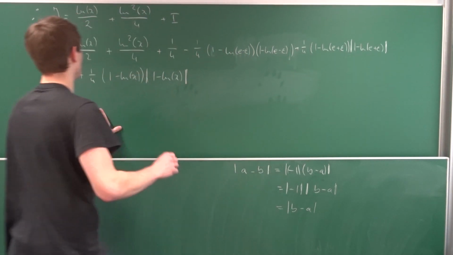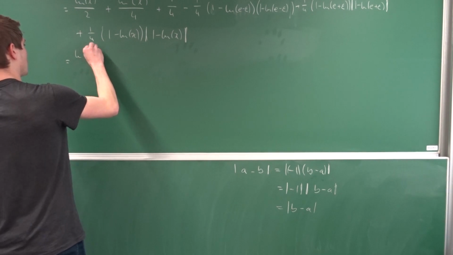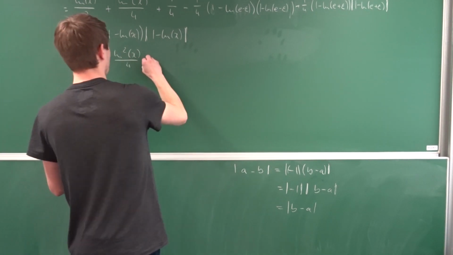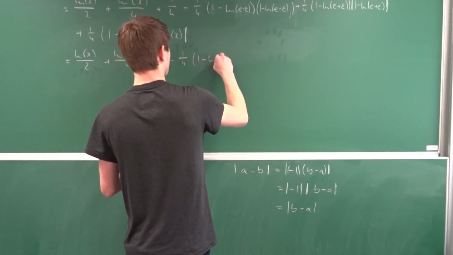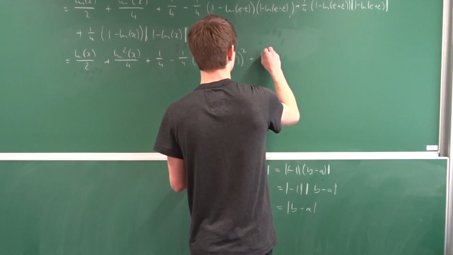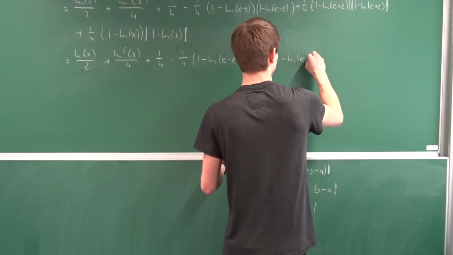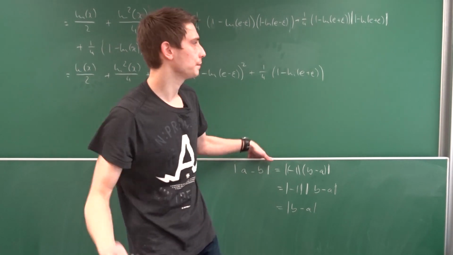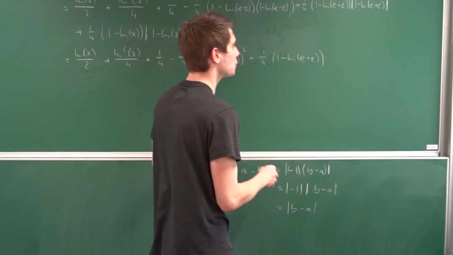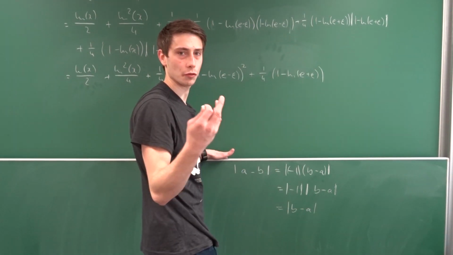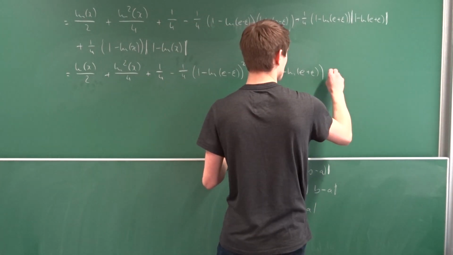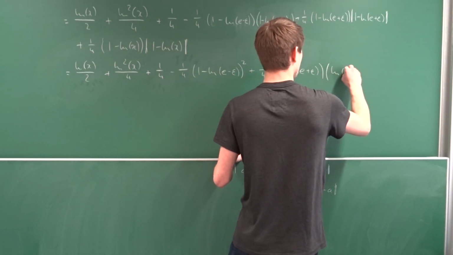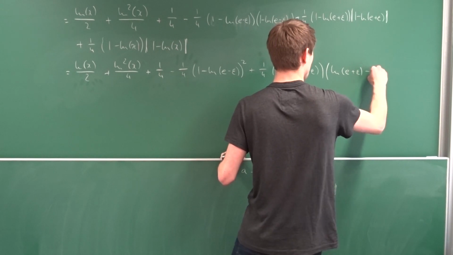Let me write everything here. Okay, so we just argued and we can change the order of addition right there. So we end up with ln of e plus epsilon minus 1.